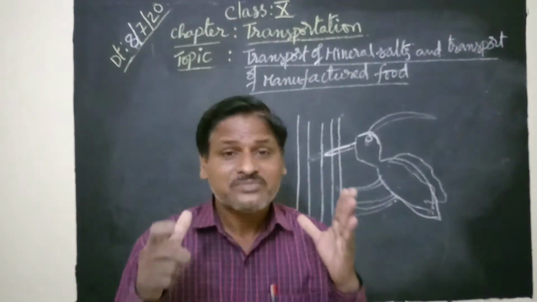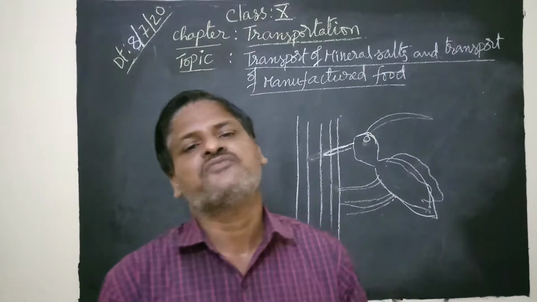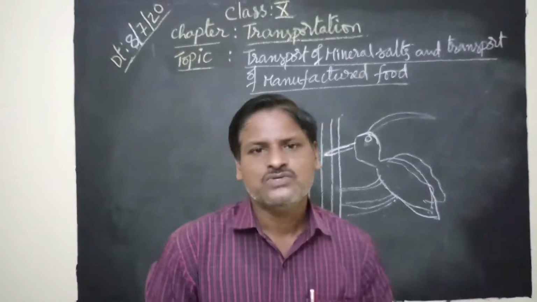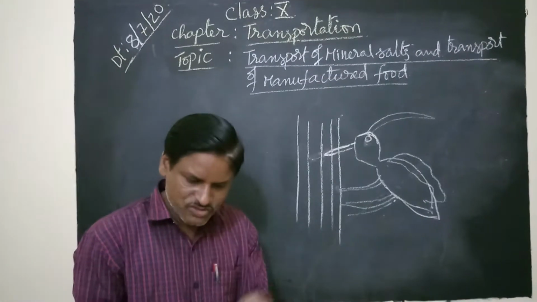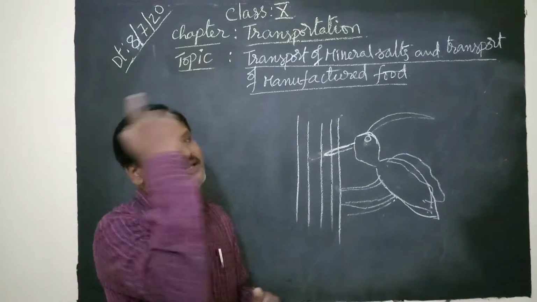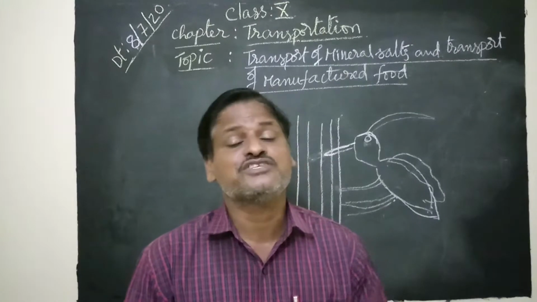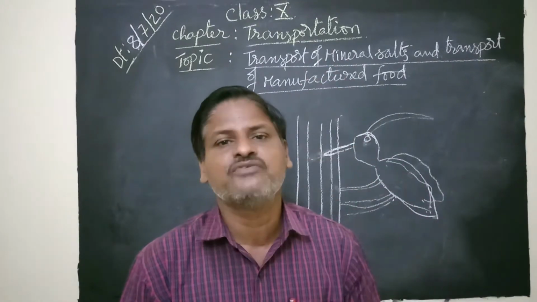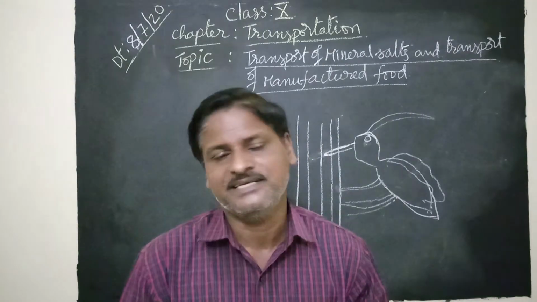The salts form ions from the soil as they dissolve into the water. Through the water, in the form of ions, these mineral salts are transported to every part of the plant, particularly to the growing parts of the plant.